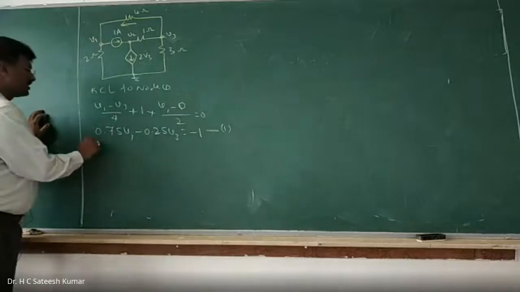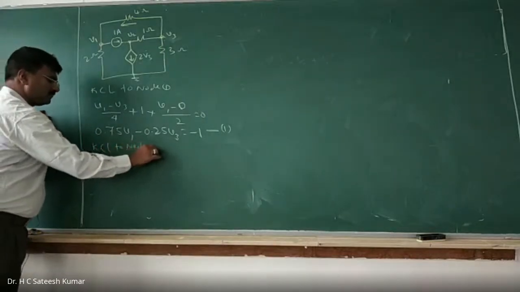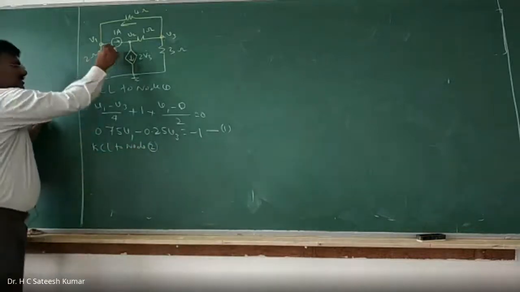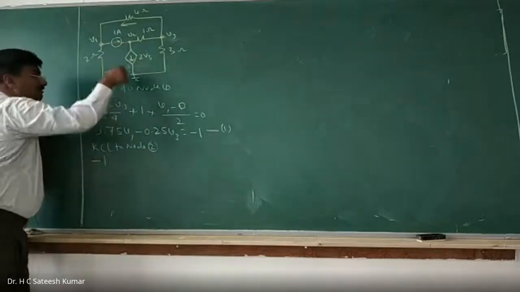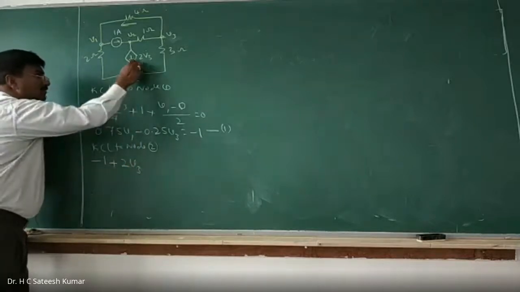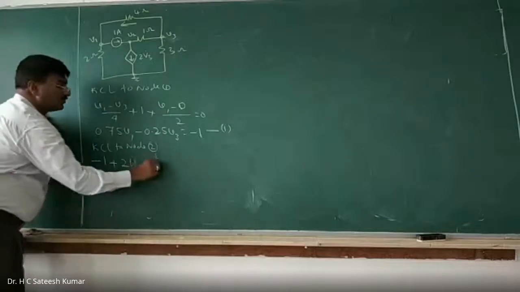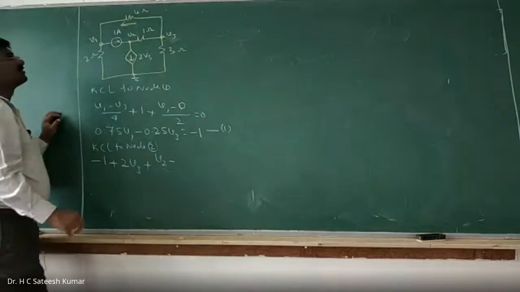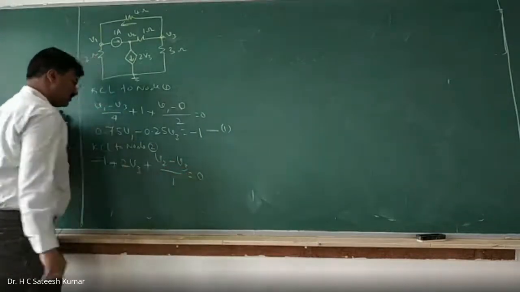Next, KCL to node 2. What is that we have? Current is entering minus 1. Current is leaving plus 2V3, plus V2 minus V3 divided by 1 is equal to 0.